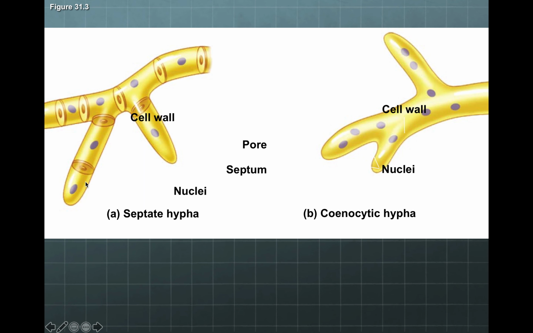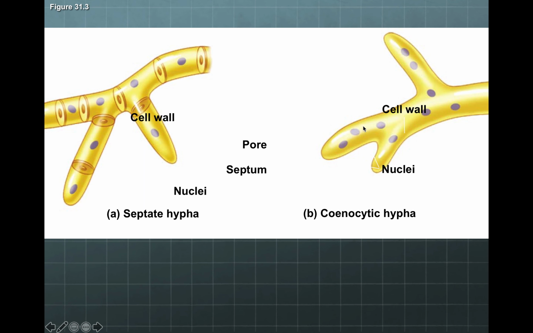It is the tips of these hyphae that end up breaking down the food and then absorbing it back. So once the minerals and the nutrients get absorbed back, they're free to flow through these septa walls, and those are called septate hyphae. Now here's a type of hyphae where there is no septa.